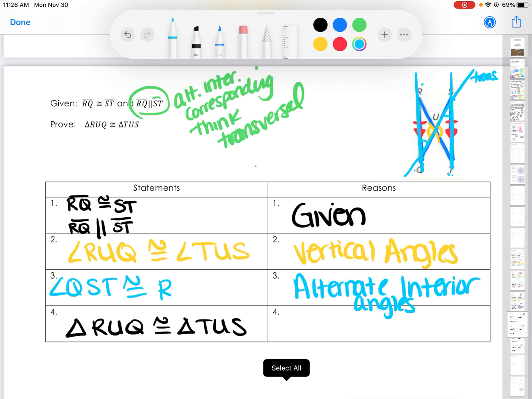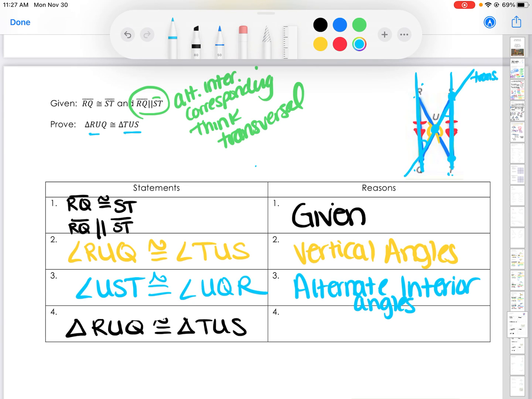Actually, let's relabel these a little bit so that it makes more sense. I know we could start at Q, but we could also call this UST, right? We could start here to here to here. So UST, that way we're keeping to the letter combinations here, is going to be congruent to UQR.